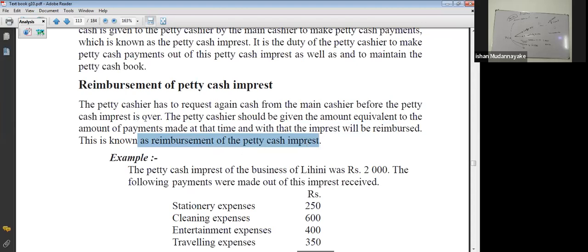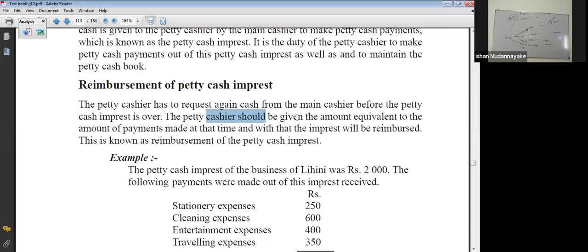Yes, right. Now here, the petty cashier has to request cash again from the main cashier before the petty cash imprest is over. After presenting petty cash payment vouchers to the main cashier, he needs to get cash from the main cashier.